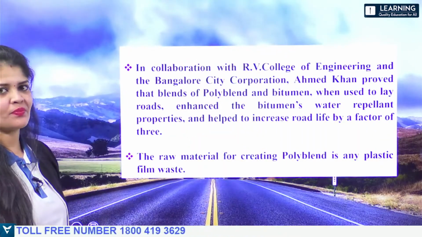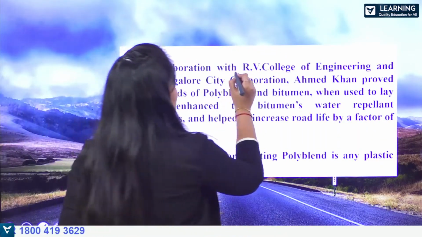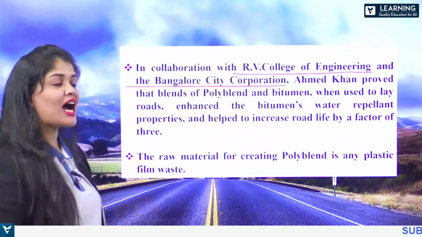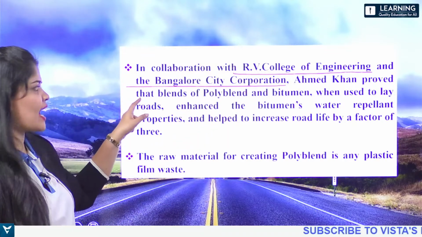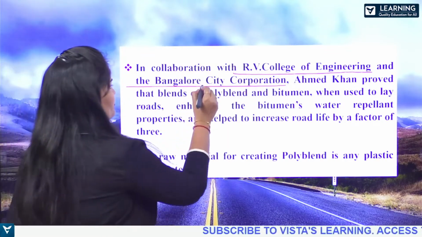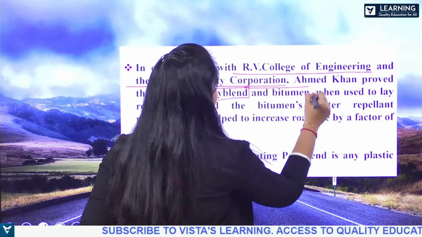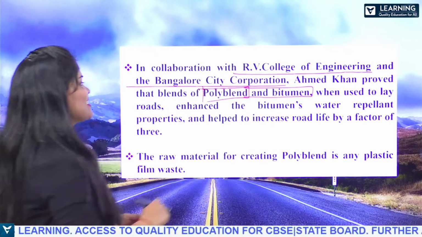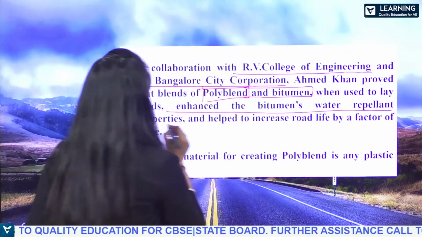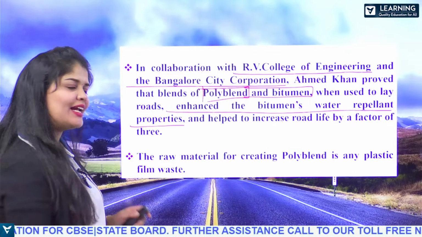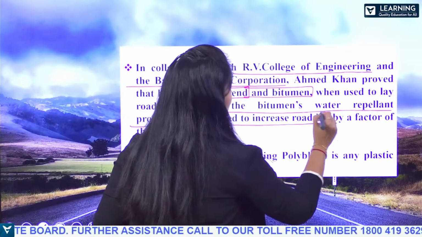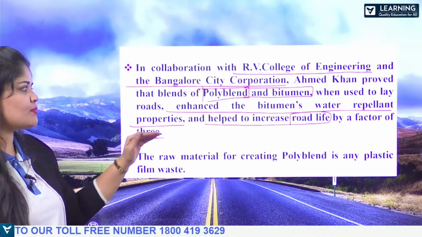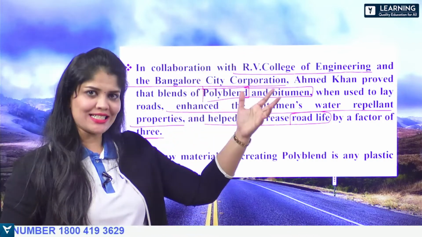In collaboration with RV College of Engineering and the Bangalore City Corporation, Ahmad Khan proved that blends of polyblend and bitumen, when used to lay roads, enhance the bitumen's water repellent properties. Thereby, it helps to increase the road life by a factor of 3. That means the road life is going to be increased.